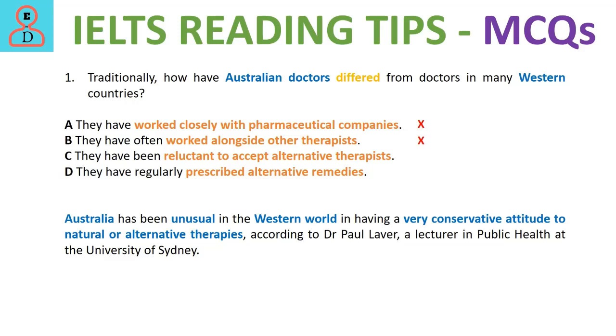The third option says that Australian doctors are reluctant to accept alternative therapists. Now, if you are reluctant to do something, that means you are not ready or willing to do it. In the passage, it is said that Australian doctors have a conservative attitude towards alternative therapists.